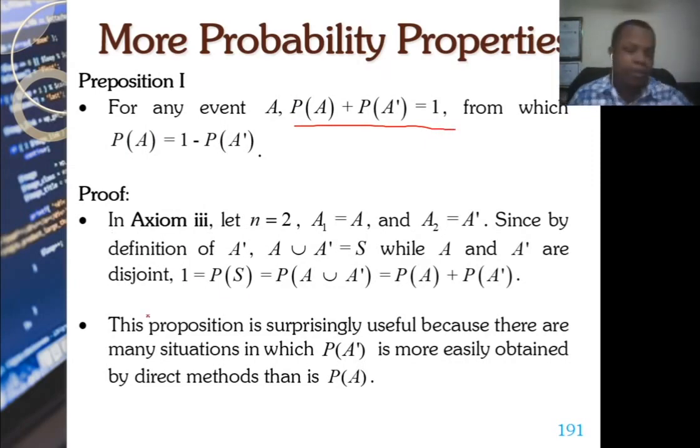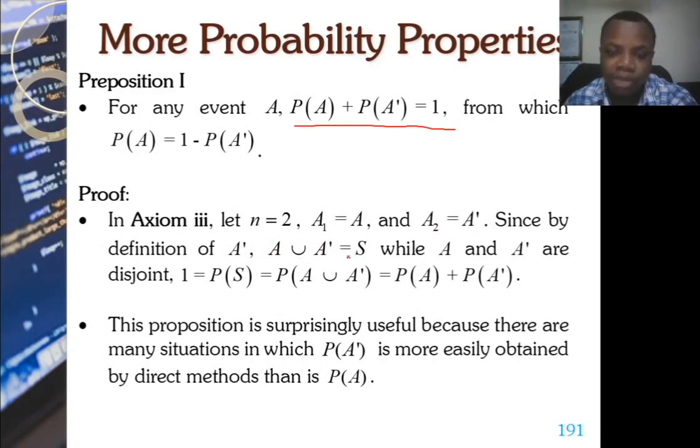Now remember from the properties of probability, that is the third axiom. Suppose that we let n equals 2. In this case, we are looking at two events. So we have A1 equal to A and A2 equal to the complement of A. Now by definition of A prime, A union A prime is equal to what?